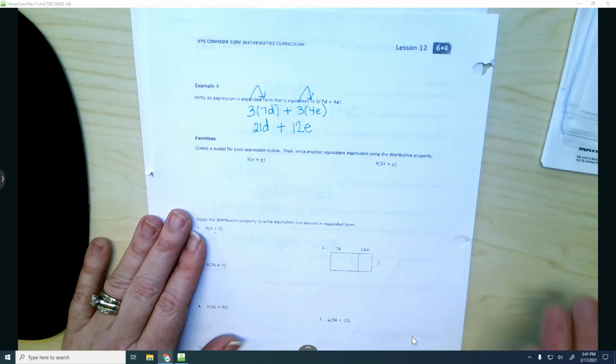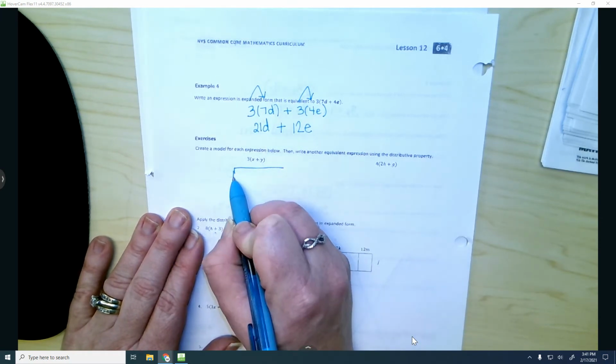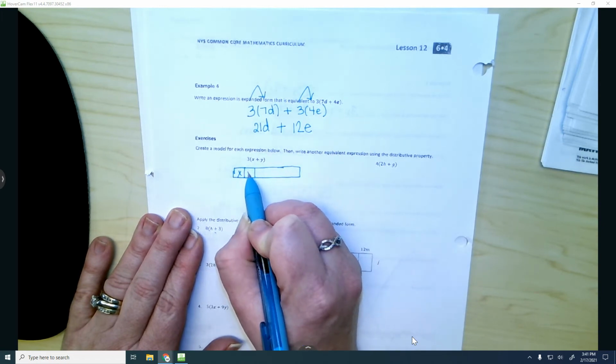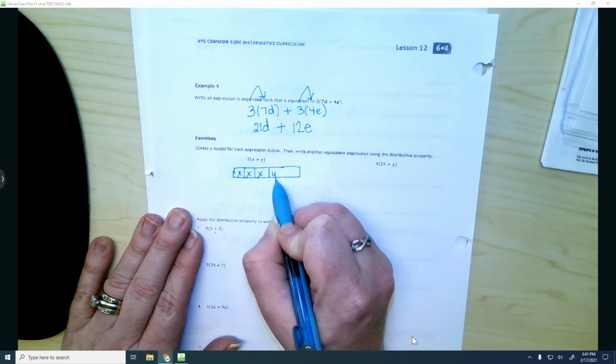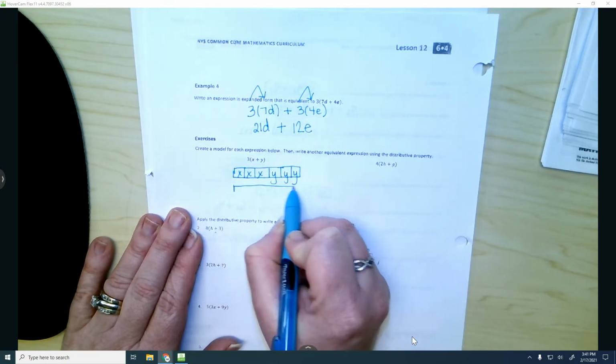All right, I'm going to show you one model, and I'm going to show you just mathematically with this next one. So 3 groups of x and y. Could be done that way, or you can alternate.